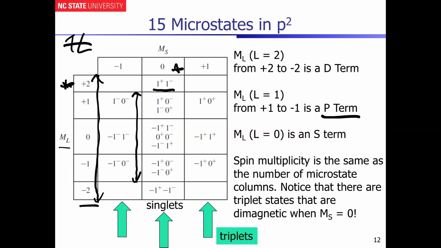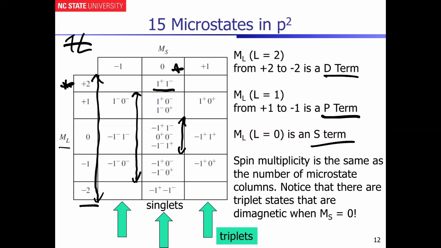That's a p term. So the d term was shown in that particular case, and then you have a p term. And then guess what? If you have values that run between just 0, what happens when L is 0? It's an s orbital, and that's an s term. But we'll get to that later.